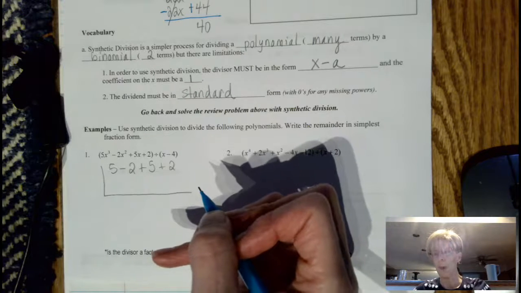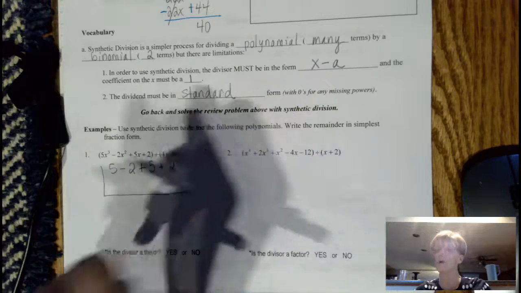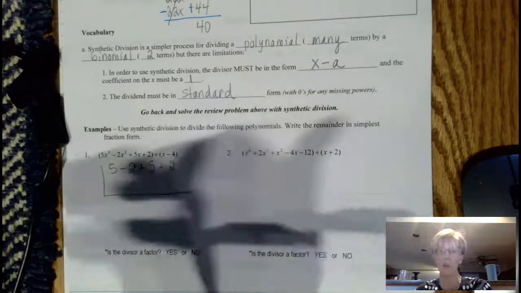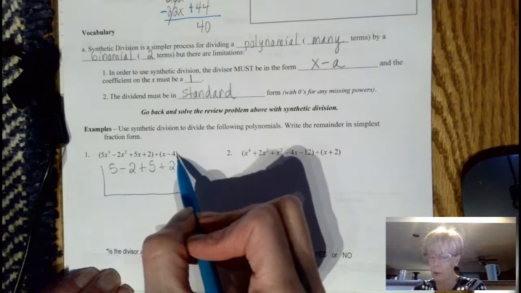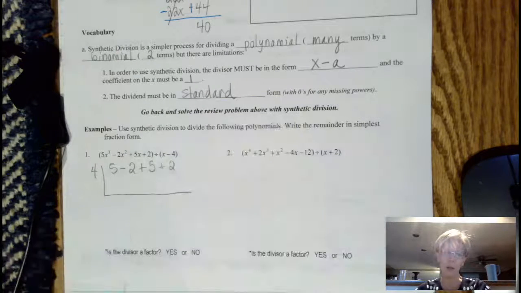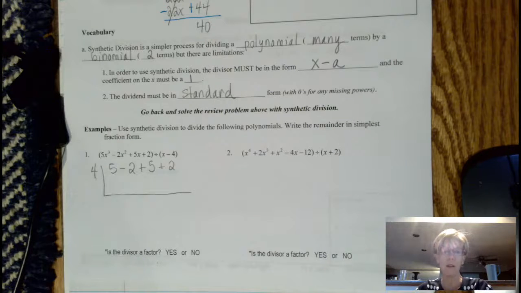Multiply. It's 4 times 5. Positive 4 times positive 5 is positive 20. Negative 2 plus 20 is 18. 4 times 18, positive 4 times positive 18, is positive 72.